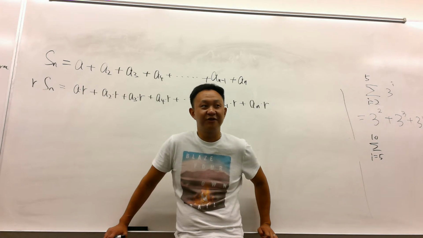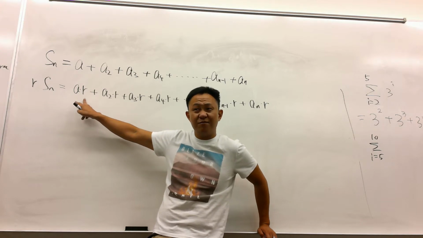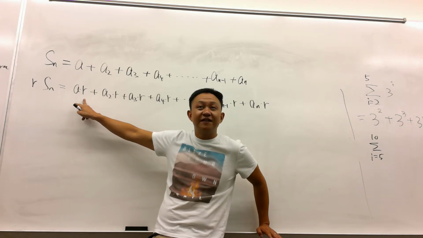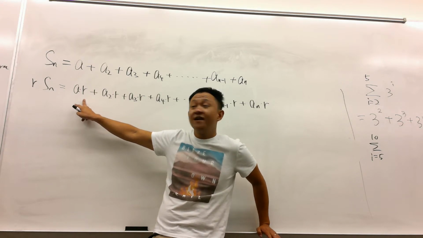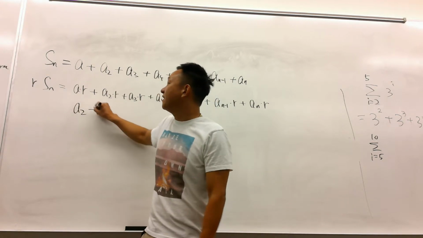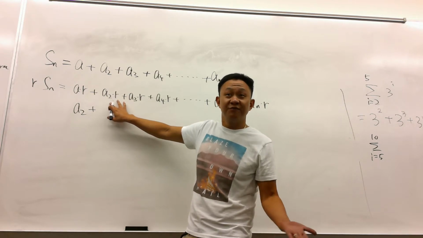I really need you to think about this. If I have the first term times the common ratio, what does that give me? The second term. It's just the definition of a geometric sequence. The first term times R gives you the second term, and the second term times R gives me the third term.